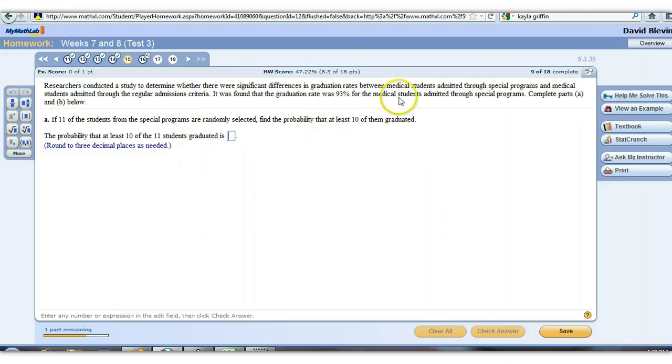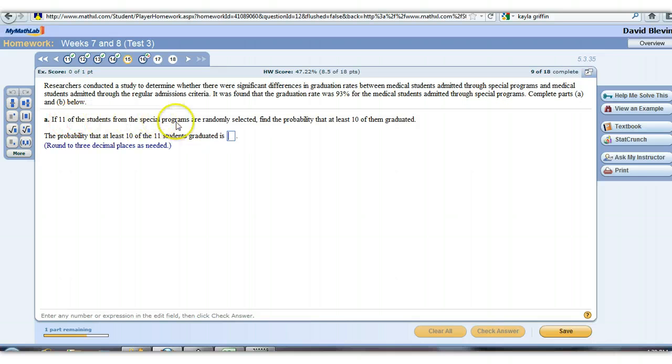Alright, this one has multiple parts here, but it's similar to what we just did. Researchers wanted to conduct a study to determine if there were significant differences in graduation rates between medical students admitted through special programs and medical students admitted through the regular admissions criteria. It was found the graduation rate was 93% for medical students admitted through special programs. So we want to do A and B here.